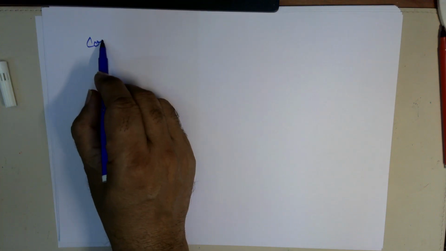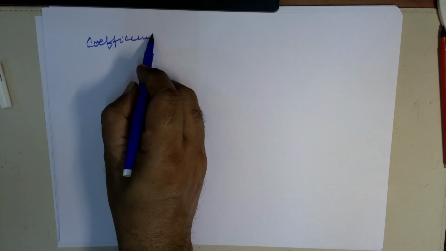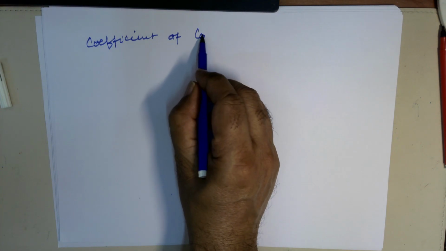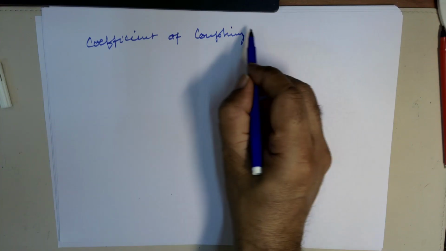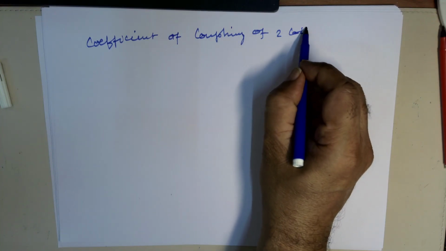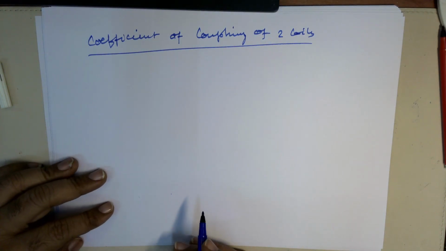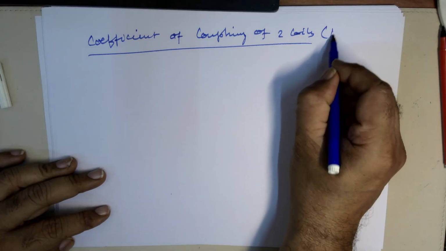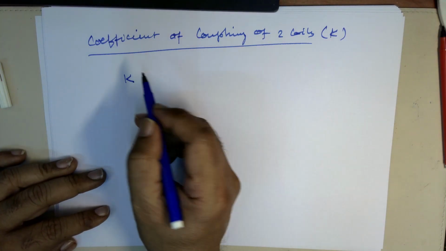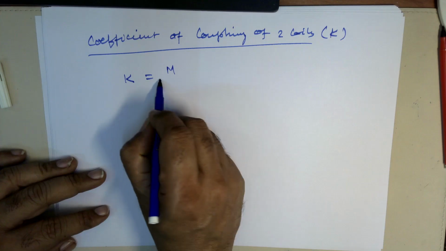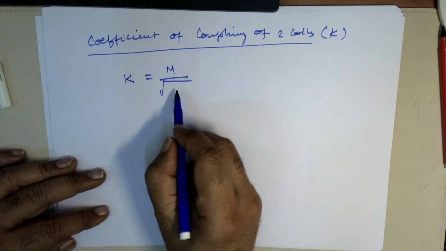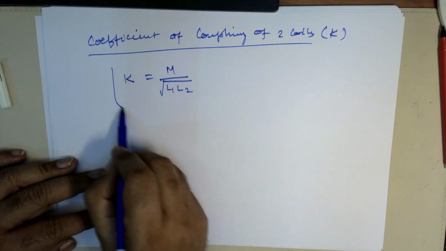Now, the coefficient of coupling of two coils. Here the coefficient of coupling is called K, equal to the mutual inductance divided by the square root of L1 L2.